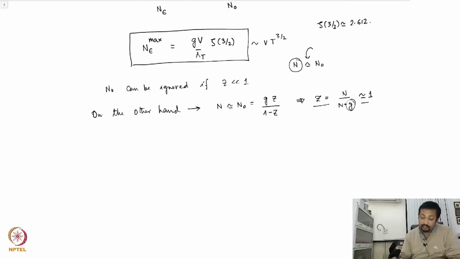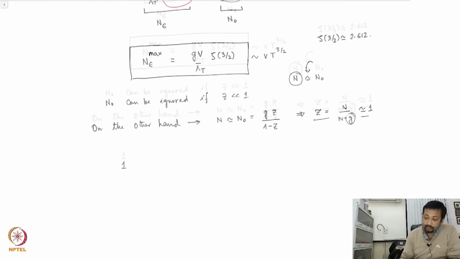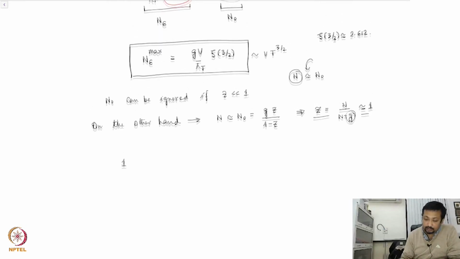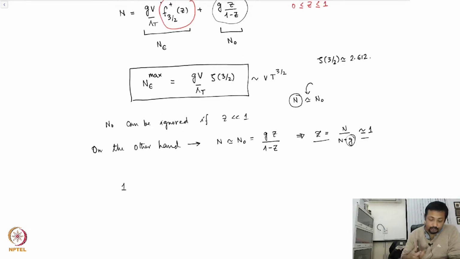So in the thermodynamic limit, we rewrite this equation which we had over here. We had the expression N equals N epsilon plus N0.